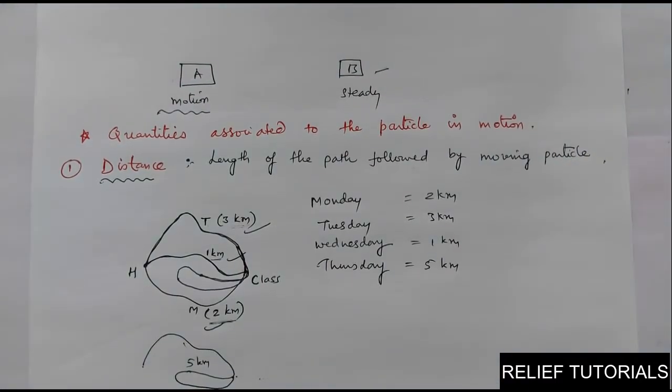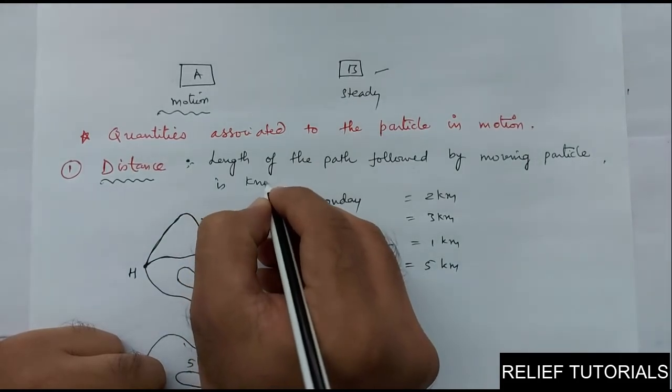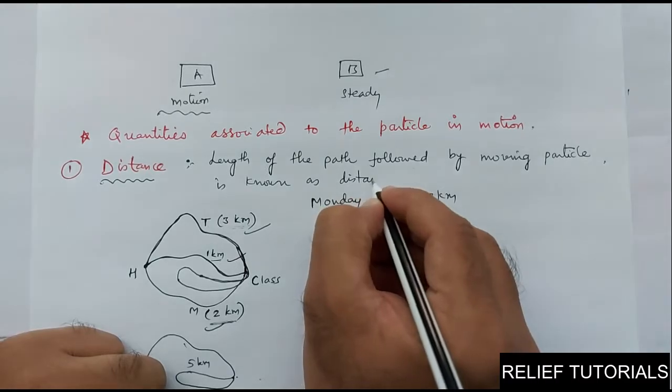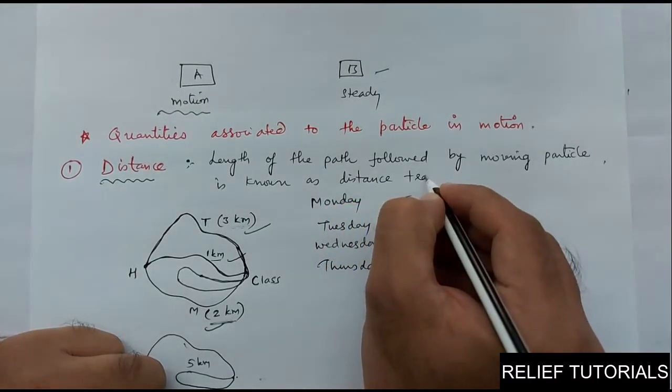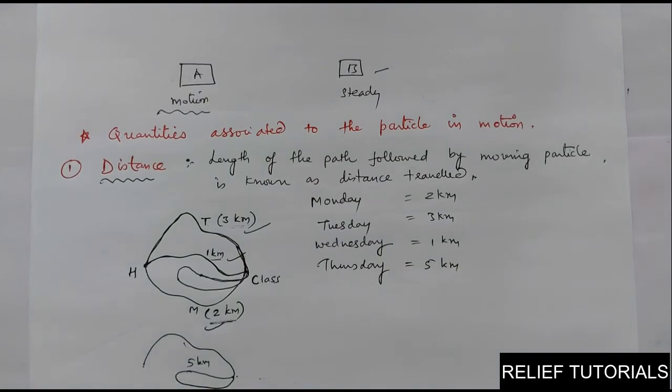Length of the path followed by a moving particle is known as distance traveled. So distance means length of the path.